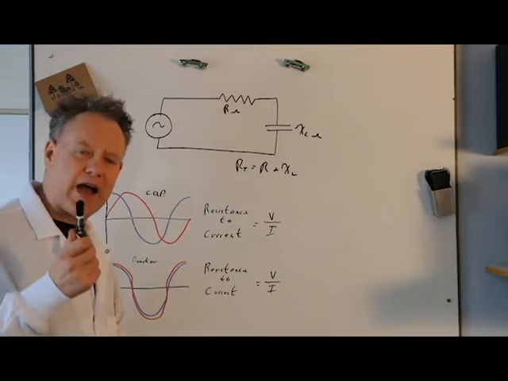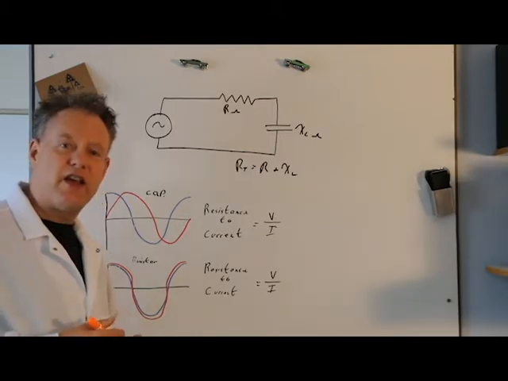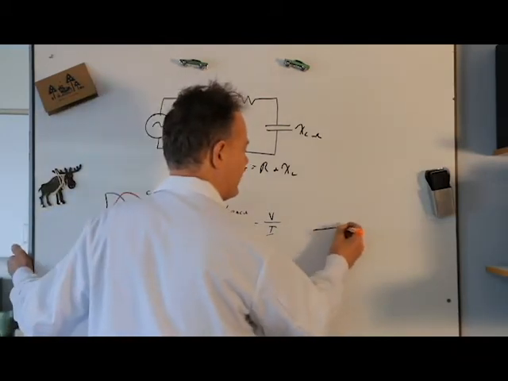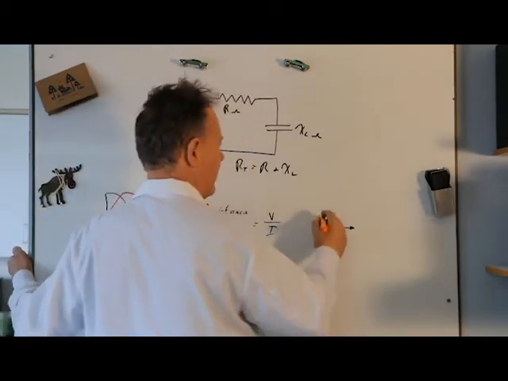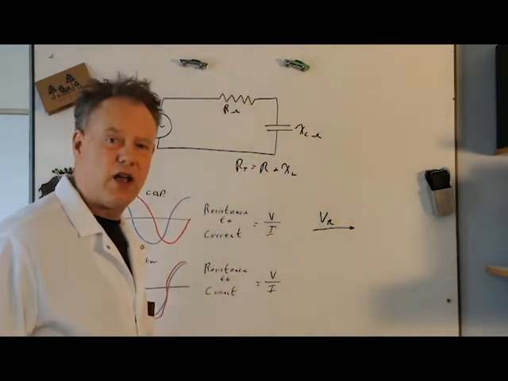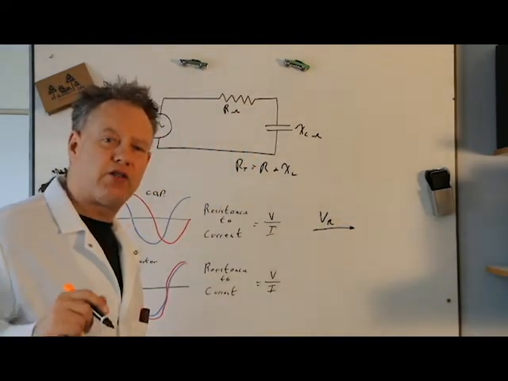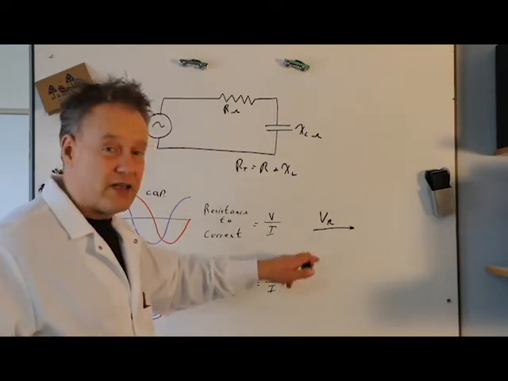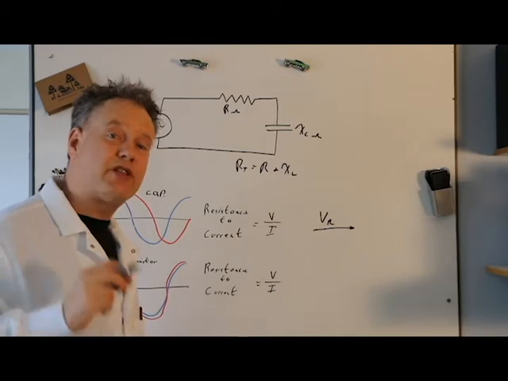Let's study the capacitor and the resistor with a phase diagram. If the voltage drop across the resistor looks like that, what does the voltage drop across the capacitor look like? Well, it's out of phase. Now, the current just happens to be the same.